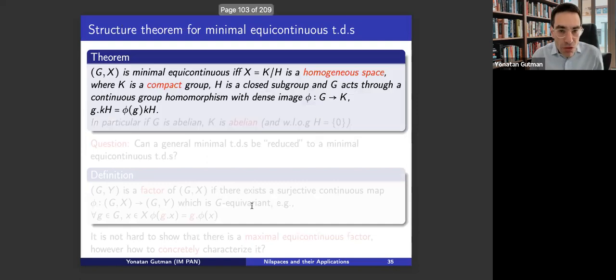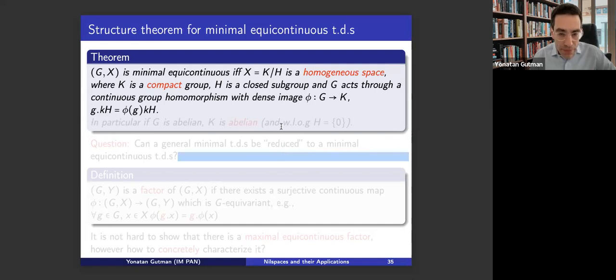In any case, you can show that a minimal equicontinuous dynamical system is a homogeneous space. So X is K over H, where K is a compact group and H is a closed subgroup. So this is a very good example of a structure theorem in topological dynamics. You start with some property, equicontinuity in this case, and you get a structure theorem: you show that the space is a homogeneous space.